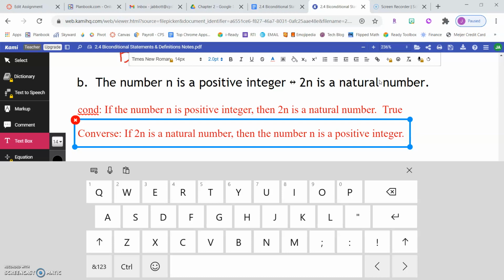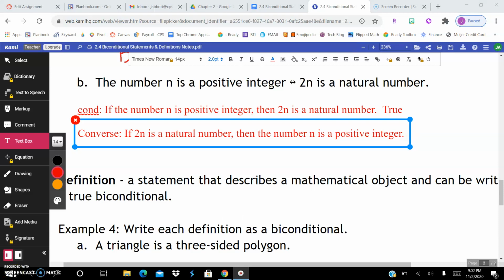So is that true? Think about this one for a second here.